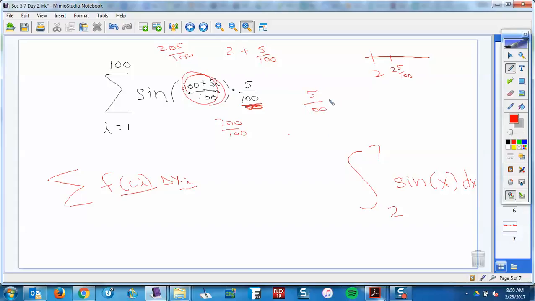The width of 5/100ths for each rectangle, and you have 100 of them, that's going to be a total width of 5. So if it starts at 2, it's got to end at 7. Total width of 5. Messy. Clean. Neat. Okay. I kind of like that.